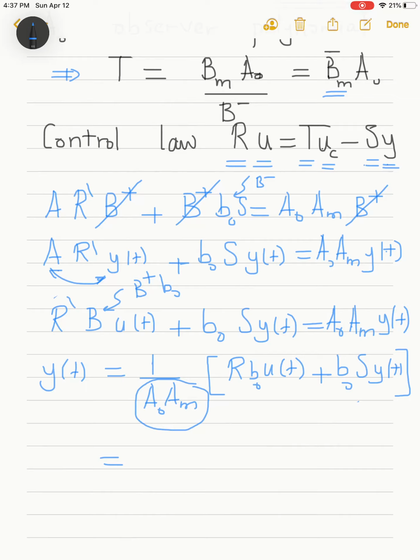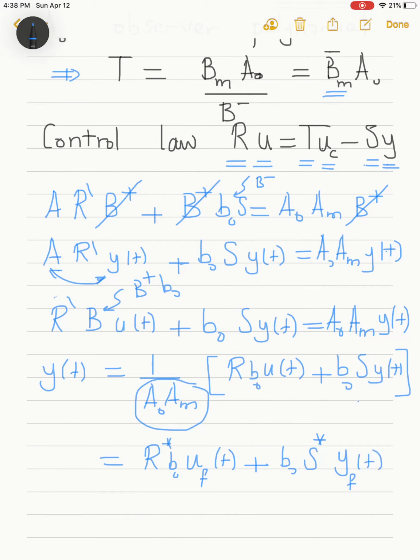So if we do this, we will get R star, and I put the star here to refer to the fact that this is in the backward shift operator q to the minus 1 instead of q, times the filtered signal u plus B node S star times the filtered signal y.